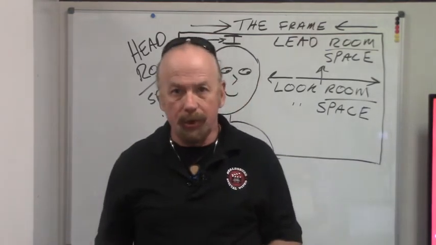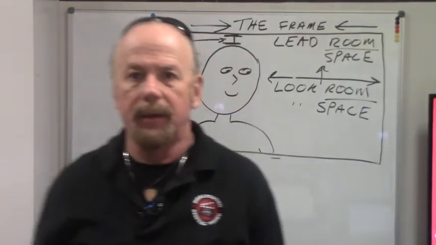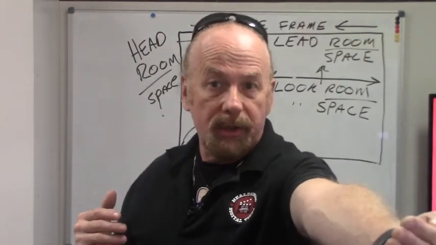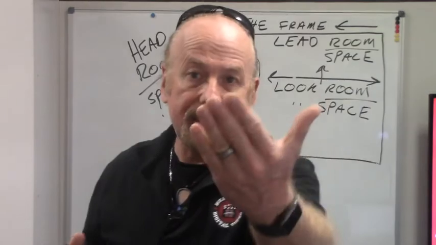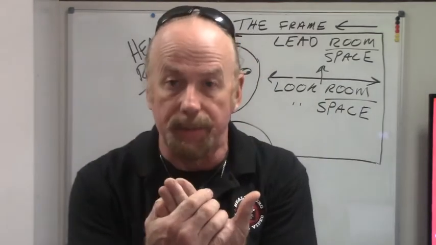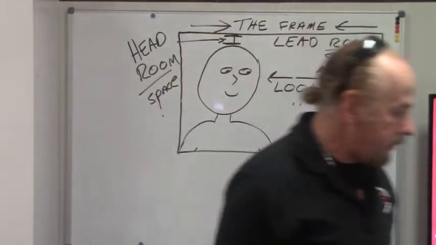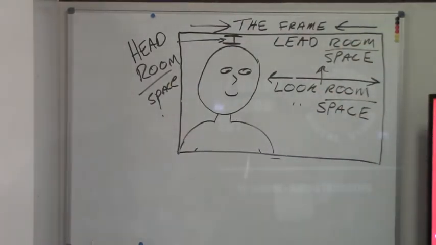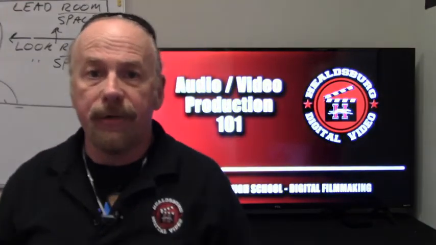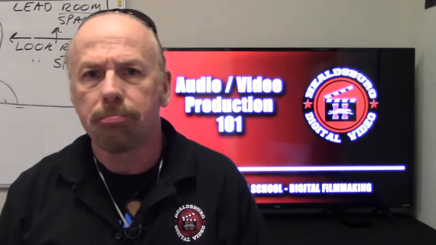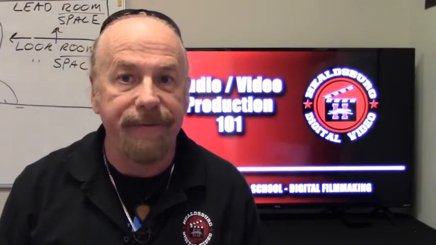So if I'm framing like right here, I want to be zoomed out as far as I can and get that camera as close to the subject as you possibly can. When I come back over here, the camera is about 2 feet from my face.